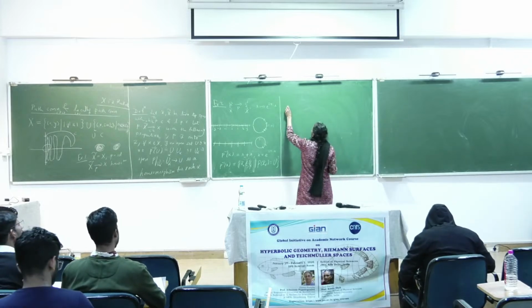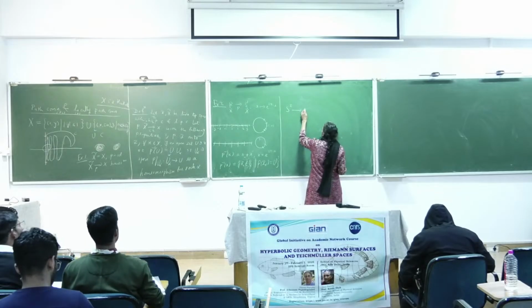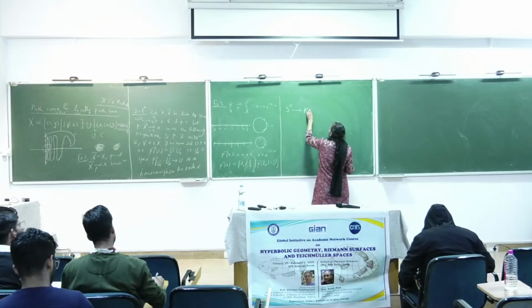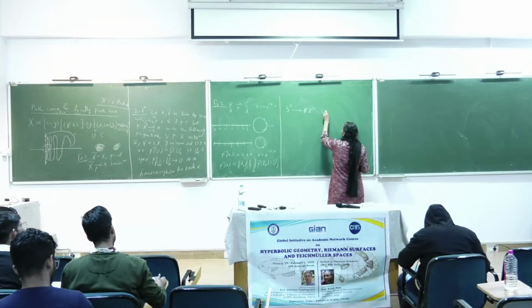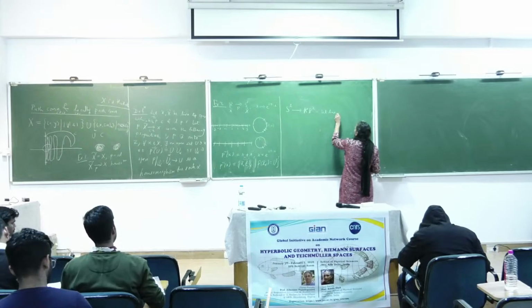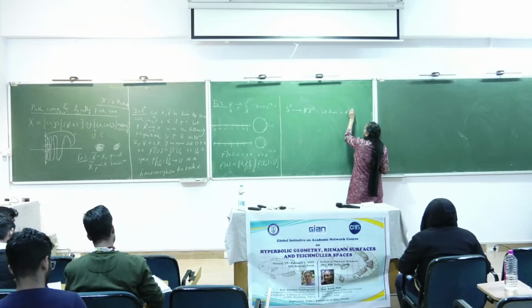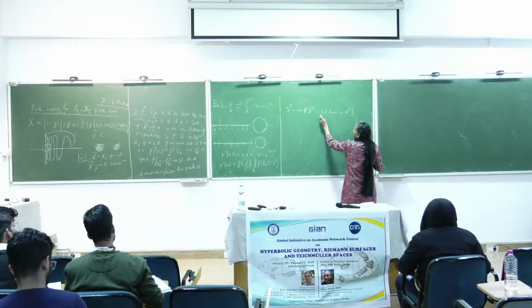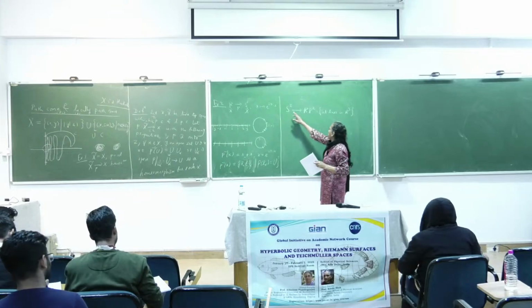So, let us say your S2 is a covering for, either you call it P2, but I prefer to call it RP2. This is the set of lines in R3, which is given by an equivalence relation on R3 minus 0, identifying two antipodal points.